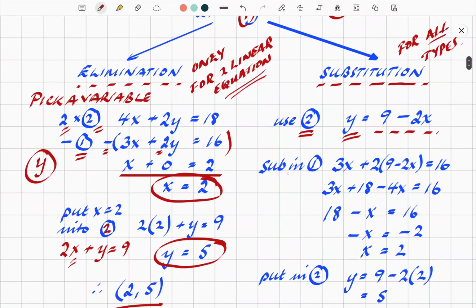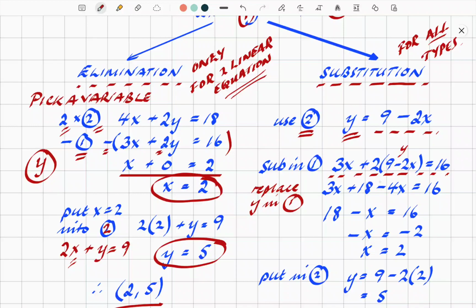I'm now going to substitute that in, replacing y in equation 1. So where there was a y, I replace it with 9 minus 2x. So I get 3x plus 2 times, brackets 9 minus 2x, equals 16.